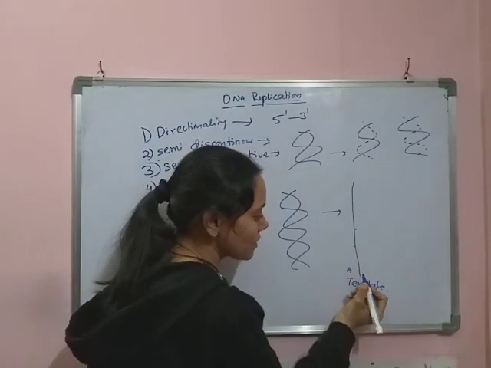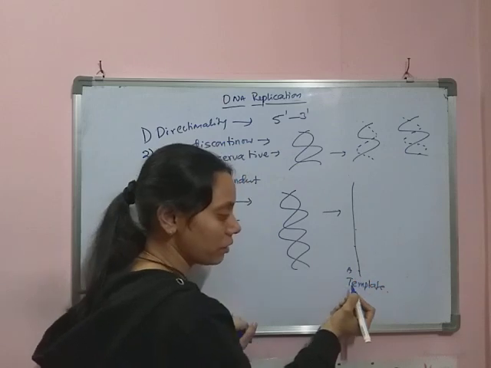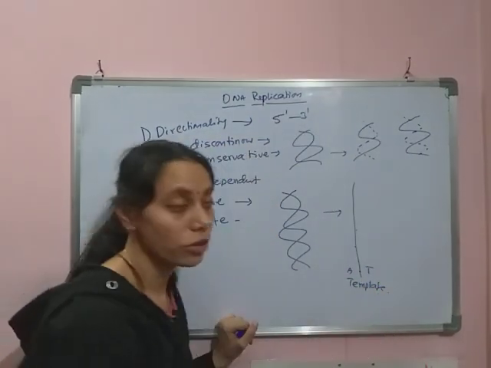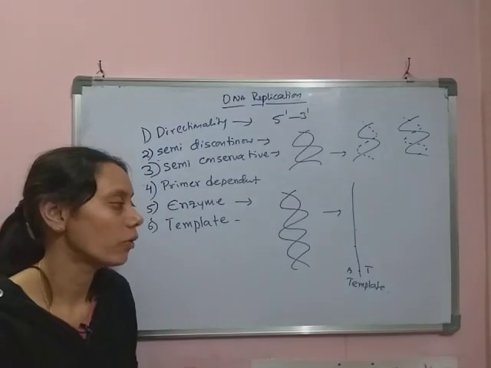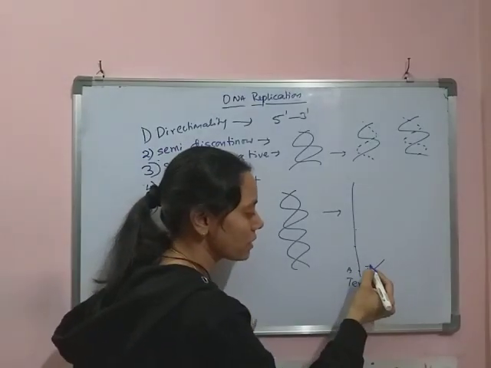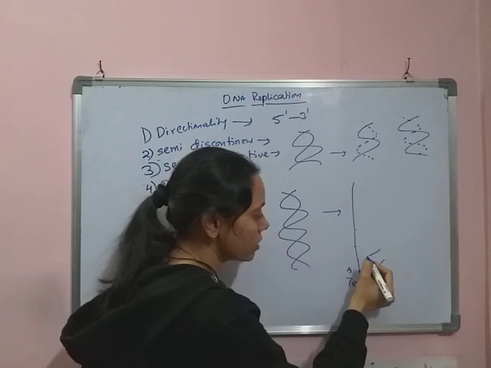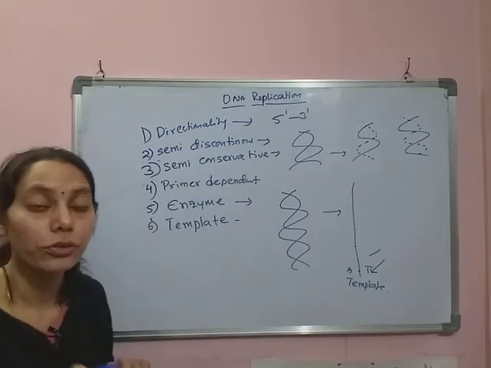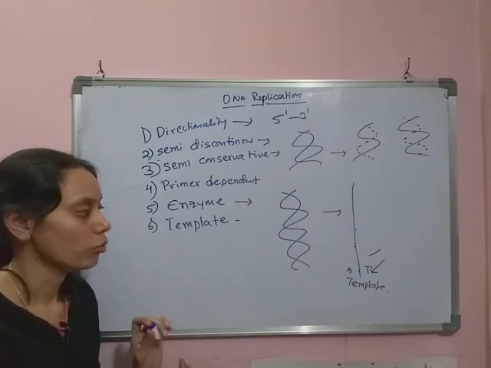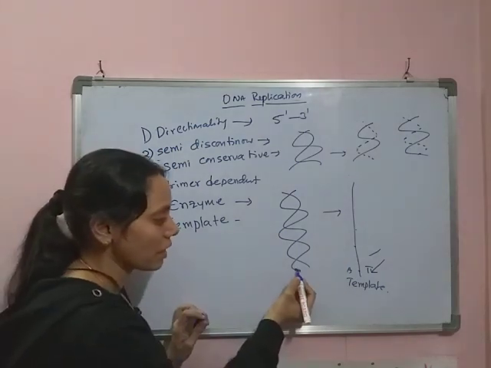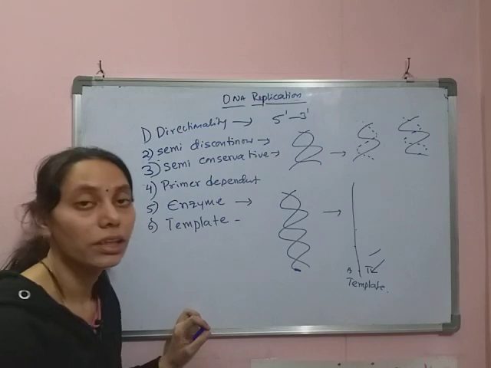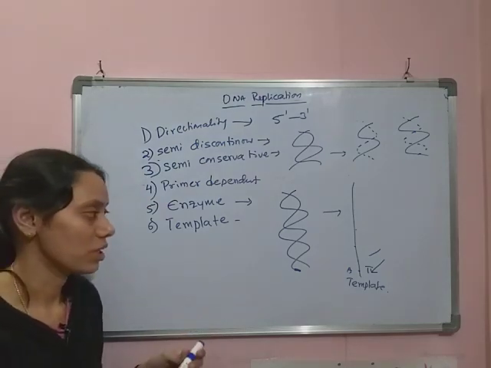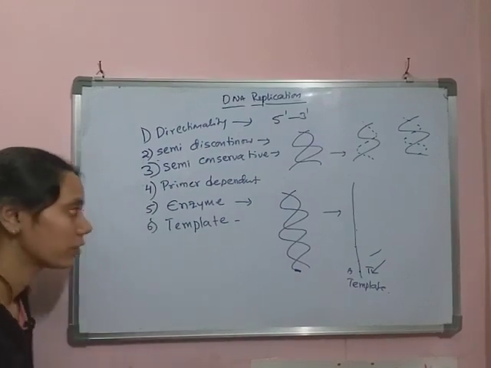If A is there in the parental template, then the complementary nucleotide will be added on the same place, and all these nucleotides will be stitched together in the form of newly synthesized DNA. So the parental strand will act as a template for the newly synthesizing strand. So the DNA replication is template dependent.